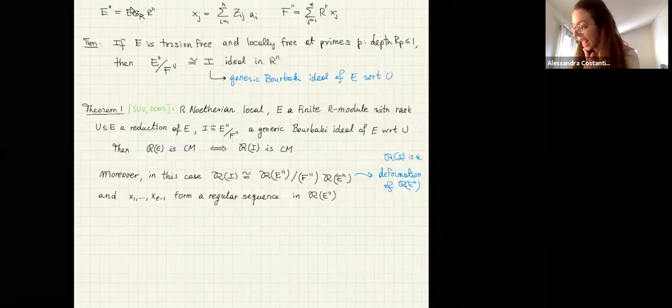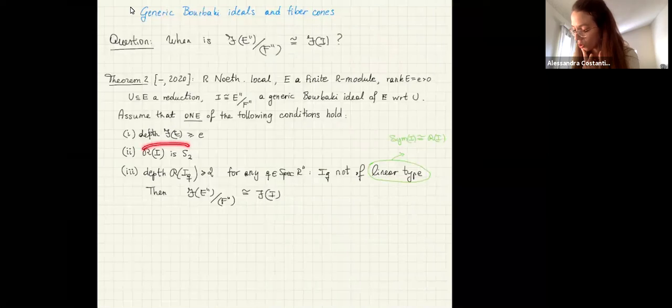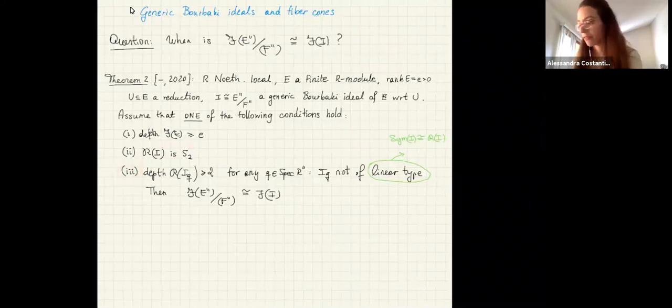And to be more precise, this is the condition that appears in the proof of Simis-Ulrich and Vasconcelos. This other one comes from another result that I have, and it's about the defining equations of Rees algebras.